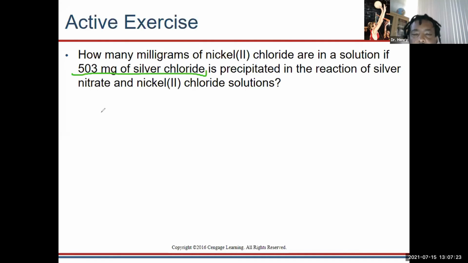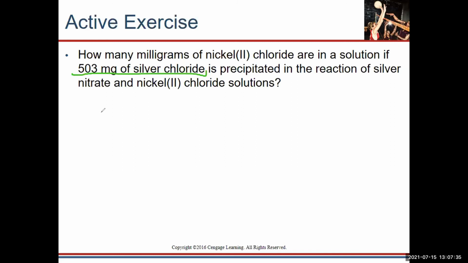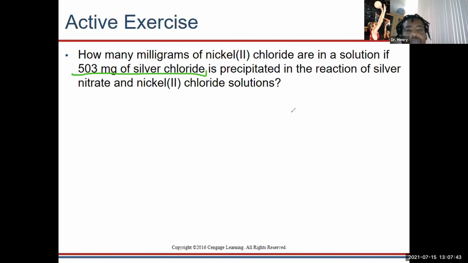Silver nitrate. Anybody want to help me out here? Silver nitrate is AgNO3. That's right.